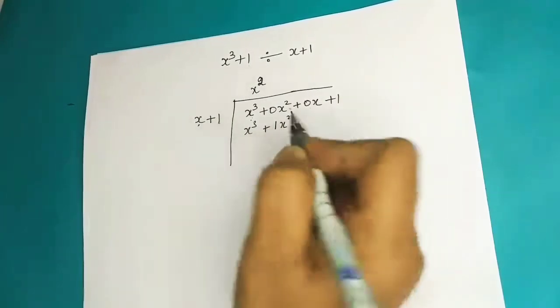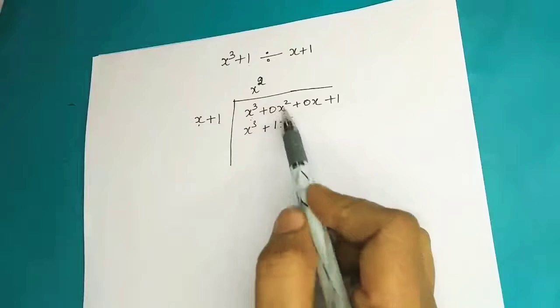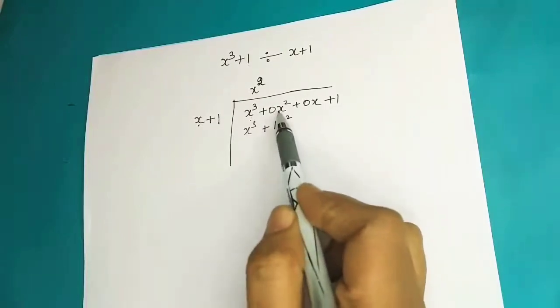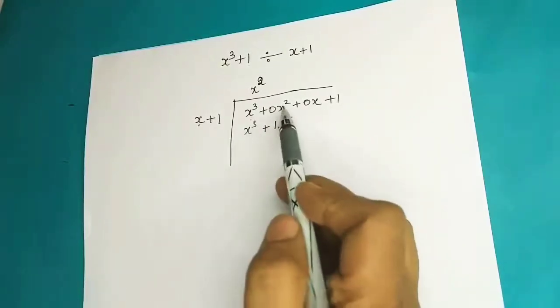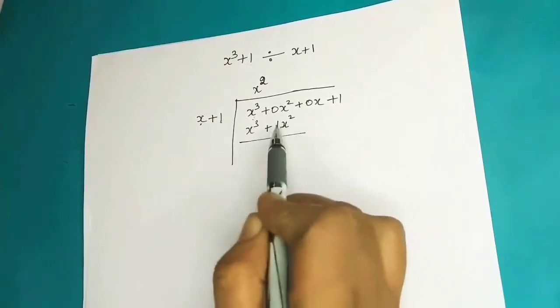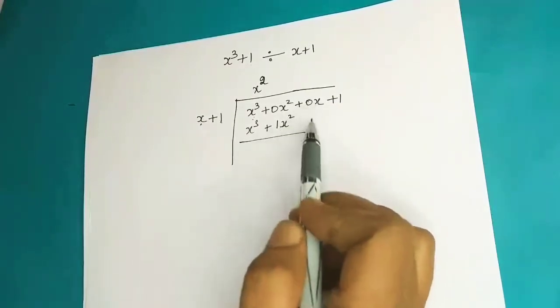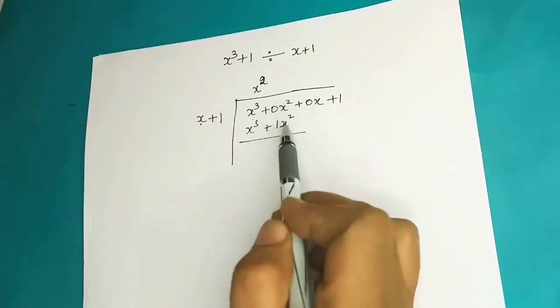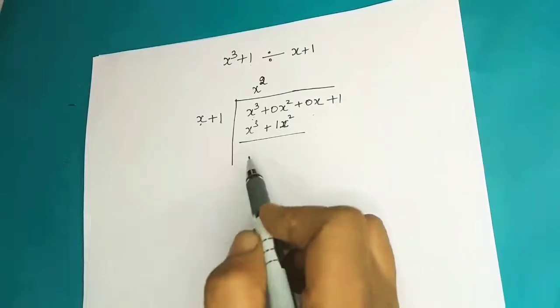Like terms should be placed together, so put this x square just below the 0x square, not below 0x.